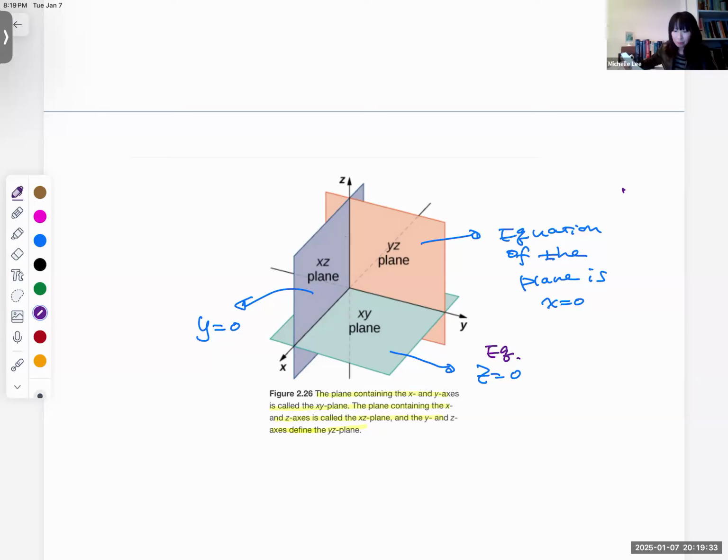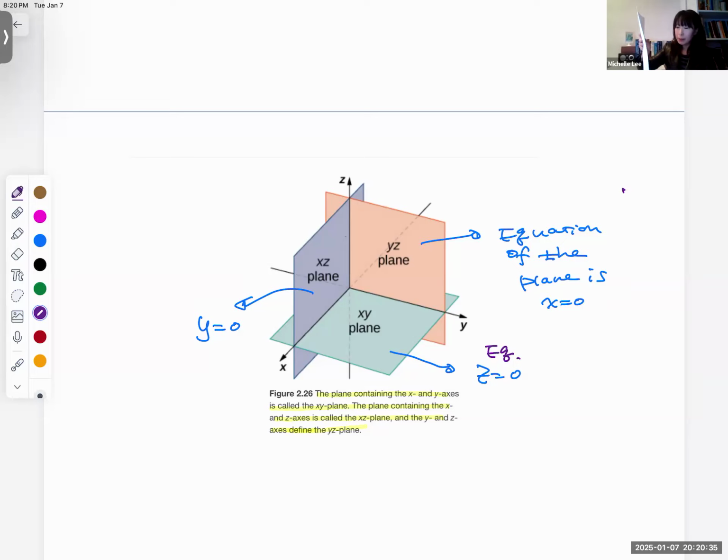Okay. Now, the YZ plane is here. So we have a Z axis, and then the X axis and Y axis there, right? So we have a YZ plane.